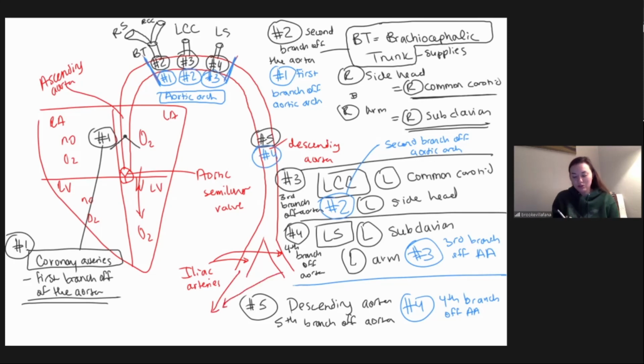This is just to show you that this branches to the organs. So the liver will be supplied by the hepatic artery, the kidneys by the renal artery. Is that making sense? So I don't really feel like I need to rewrite that. I think that is pretty clear.